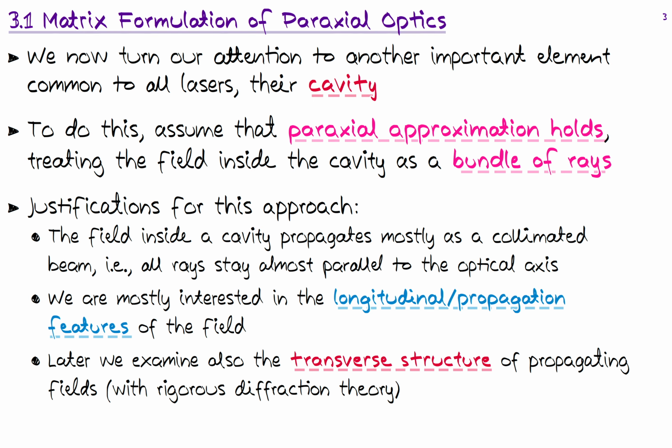That kind of treatment can be done with rigorous diffraction theory, but that's beyond our interest right now. We can understand how transverse modes arise in laser resonators by using more ad hoc theory. We don't need a rigorous mathematical theory to understand how such modes arise in these laser resonators.